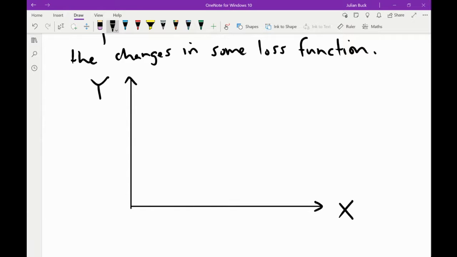Now, the feature here, I'm drawing it like there's just a single one, but you can think about x as representing all the features, and it doesn't really ruin the idea. And now I'm going to draw a relatively simple idea for our loss function. We're going to say that as the features vary, the loss function looks something like this.